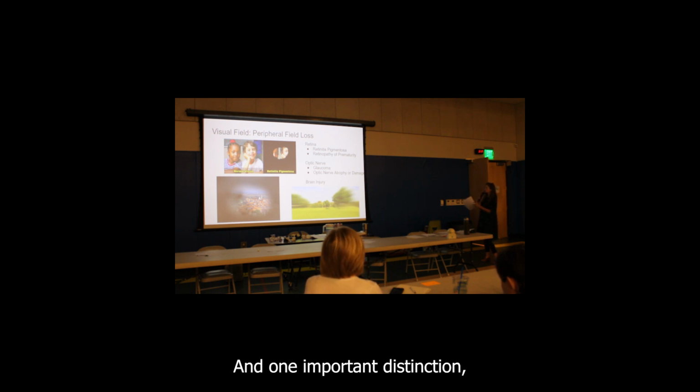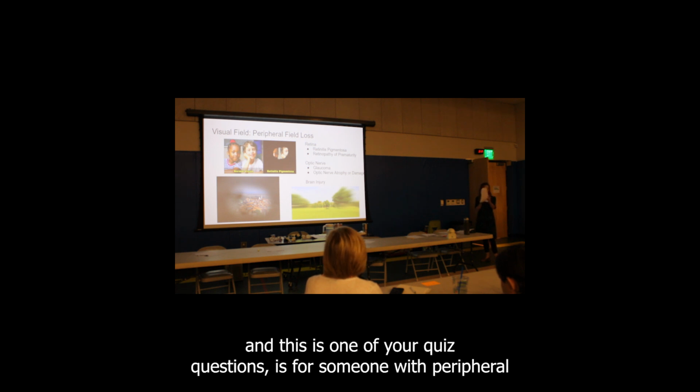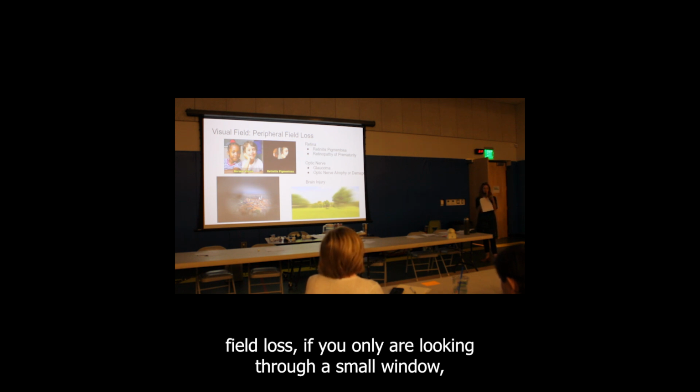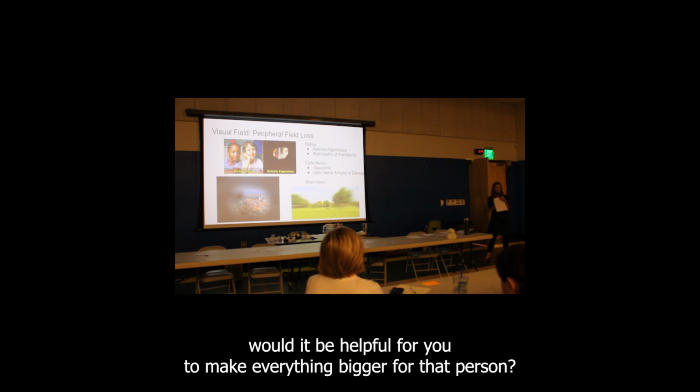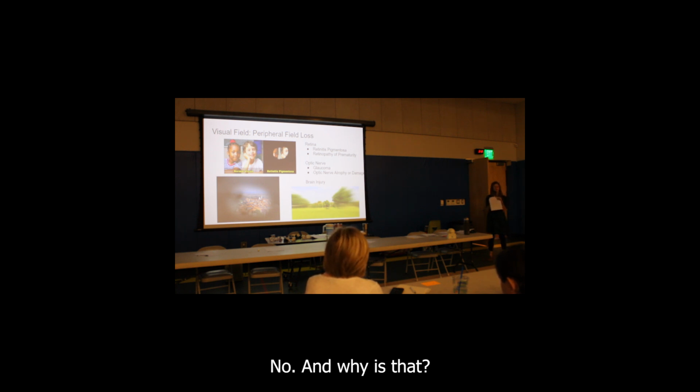And one important distinction, and this is one of your quiz questions, is for someone with peripheral field loss, if you only are looking through a small window, would it be helpful to make everything bigger for that person? No. And why is that?